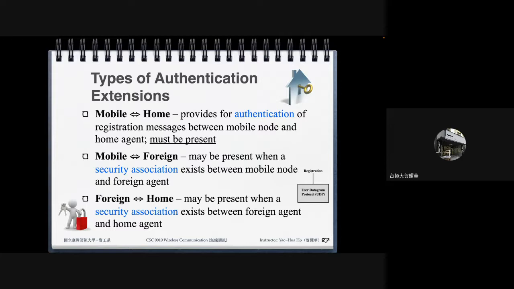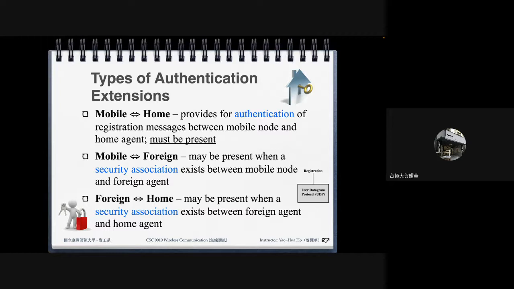There are three different types of extension. One is mobile device to home, which provides authentication of the registration message between the mobile device and the home agent. This must be present in all cases. Then you have mobile device to foreign agent. This may be present for security reasons. You want the mobile device and foreign agent to authenticate each other.